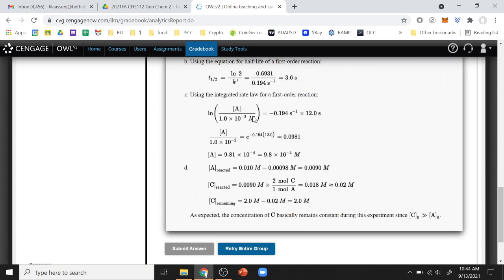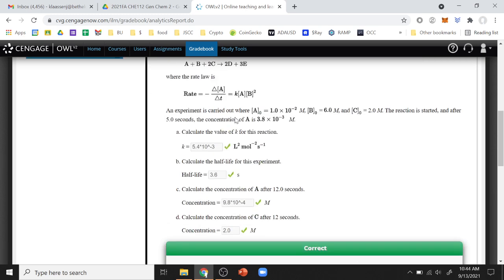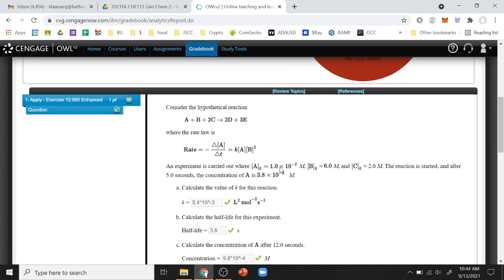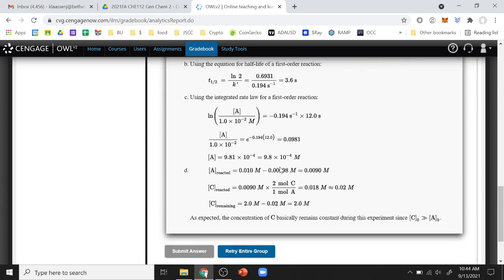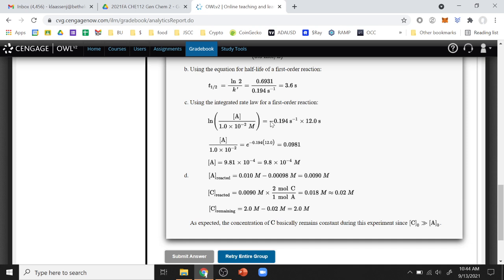Yeah, so what you should end up with is the natural log. We're looking for that natural A concentration at that 12 seconds, right? And it's divided by the A times 0, which was listed up here. That value right there. And then that will be equal to the negative K prime.